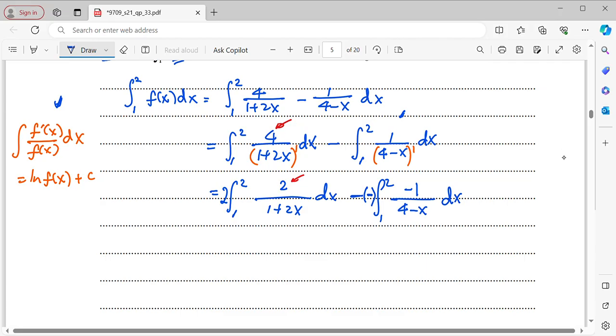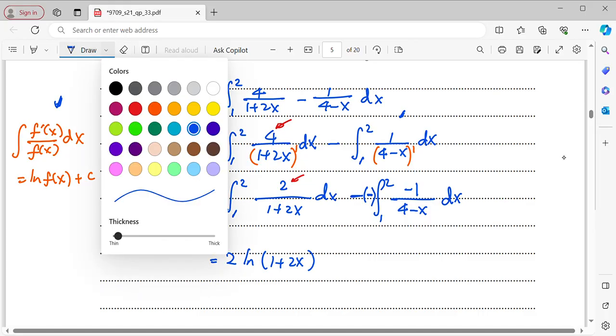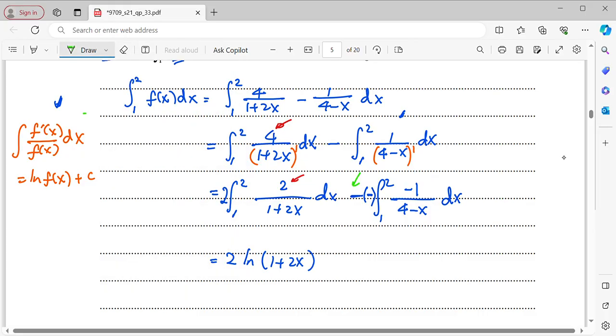Okay, then from here it will be 2 ln 1 plus 2x. Then for the second term, be careful with this. Here is minus, another minus. Therefore, it is a plus. Then I will be getting plus ln 4 minus x. And then now consider the limits from 1 to 2.